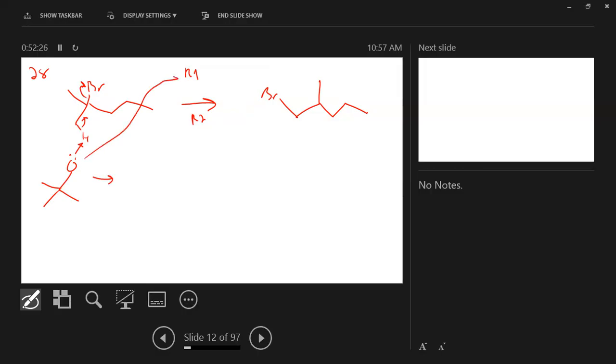So this will be your step one. And that would be your last step. So this would be your step two reagent.